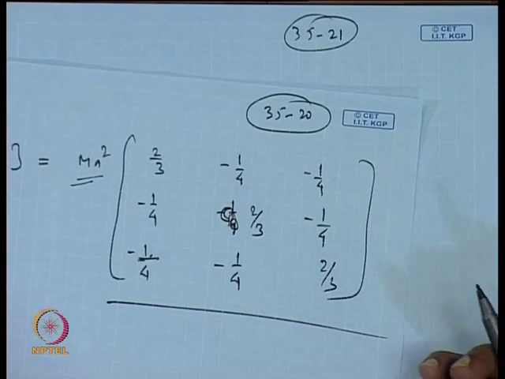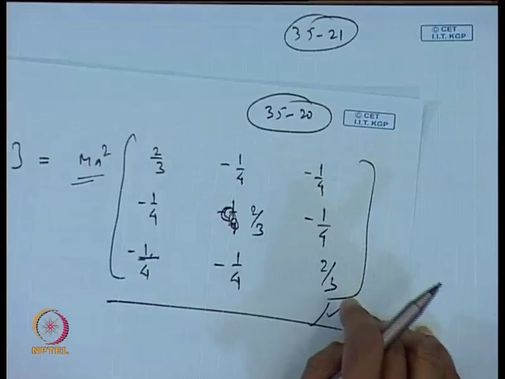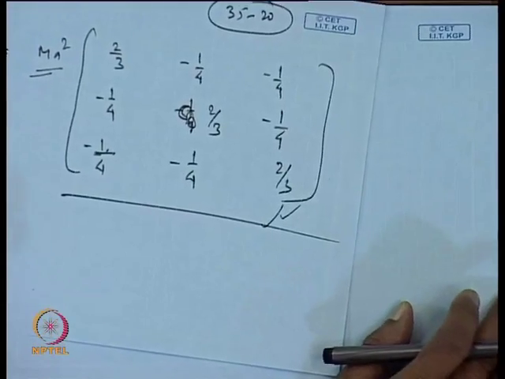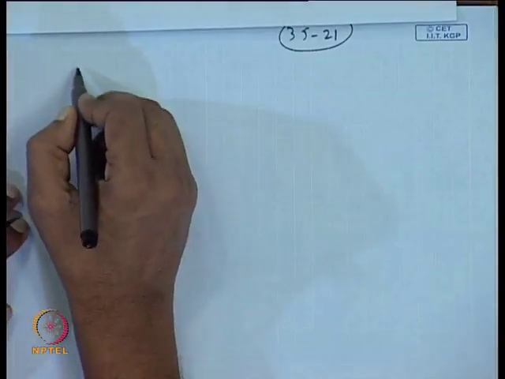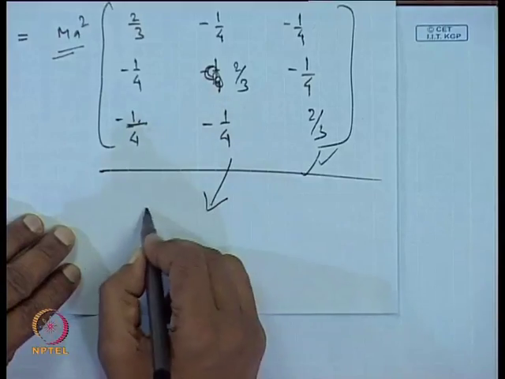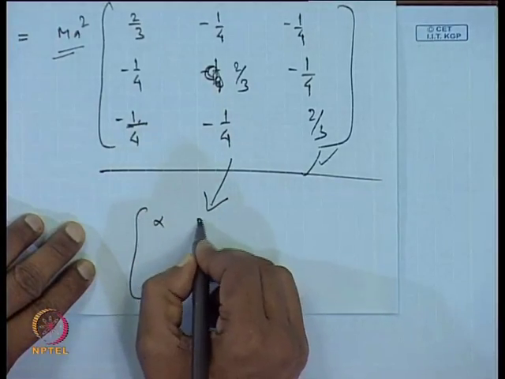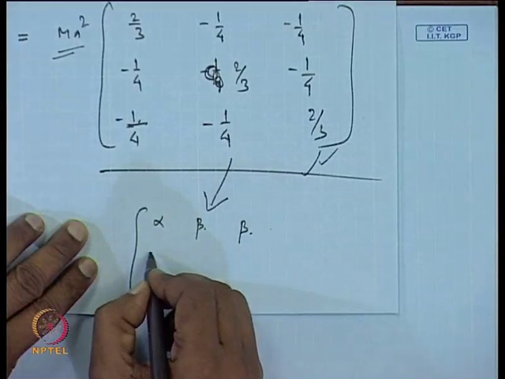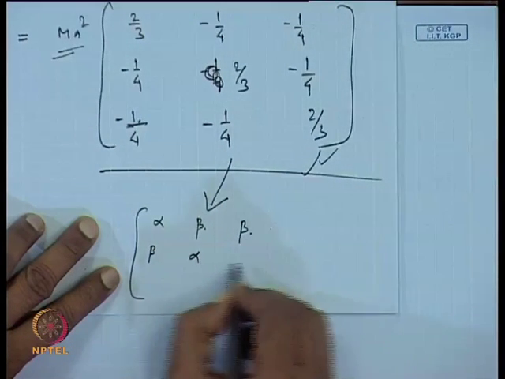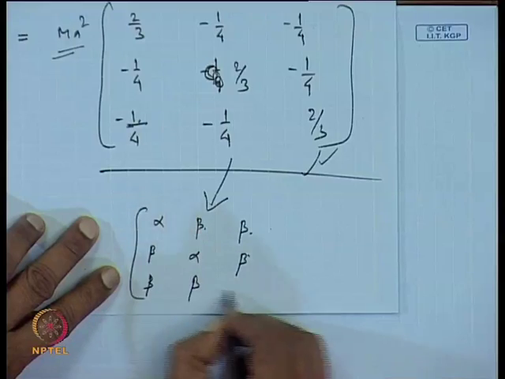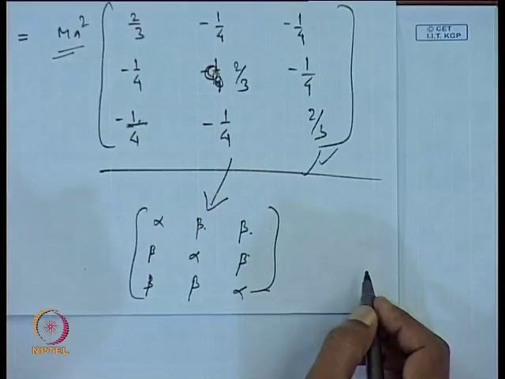So, both ways you can do, but working with this is much simpler. So, let us say that we write the quantity present on the diagonal as alpha and the off-diagonal as beta, absorbing the sign inside. So, this is alpha beta beta, beta alpha beta, and beta beta alpha. Okay. So, this is the matrix now.